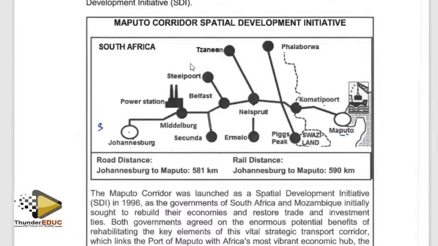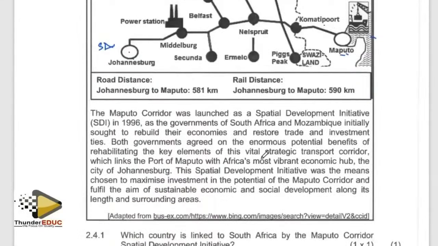Johannesburg is part of South Africa, which is here. Maputo is part of Mozambique. Let's look at the extract provided below. If you're driving by road from Johannesburg to Maputo, it is 581 kilometers. If you're going by railway transport from Johannesburg to Maputo, it is 590 kilometers.